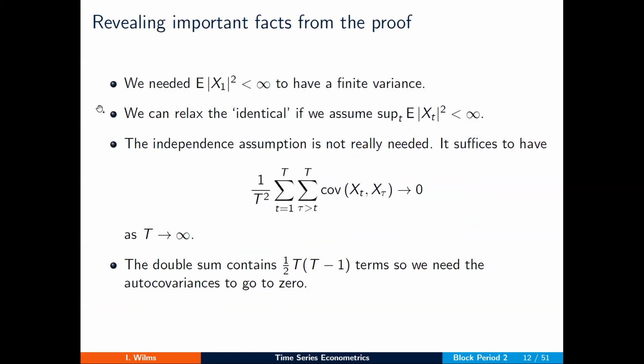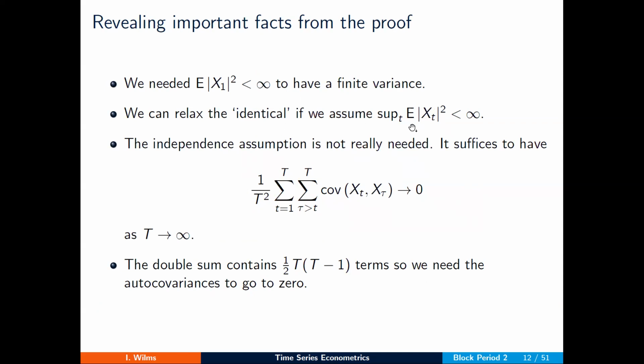Now, let's have a closer look at the key steps in this proof. First, to get a finite variance, we needed to have a finite moment condition. Also, we don't really need the fact that our random variables are identically distributed.